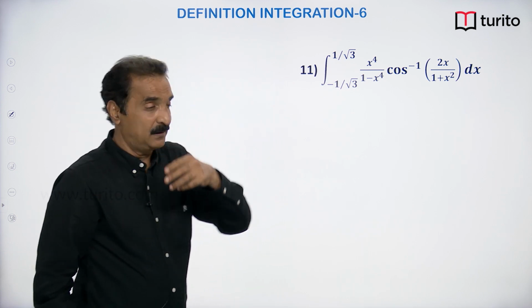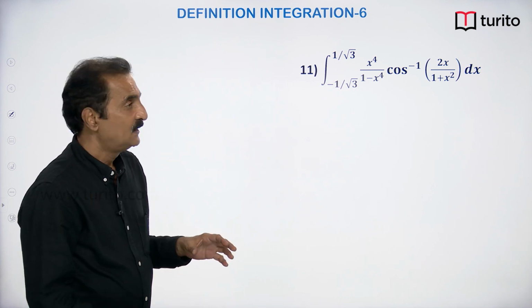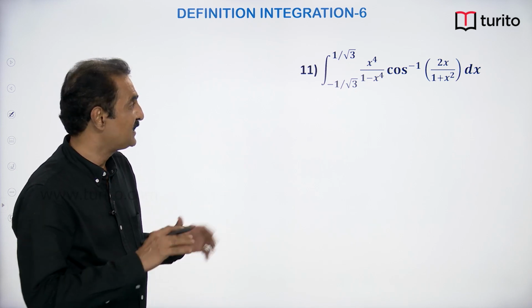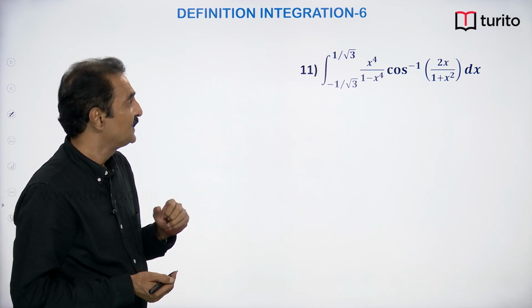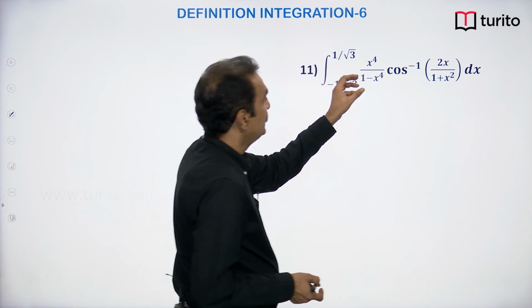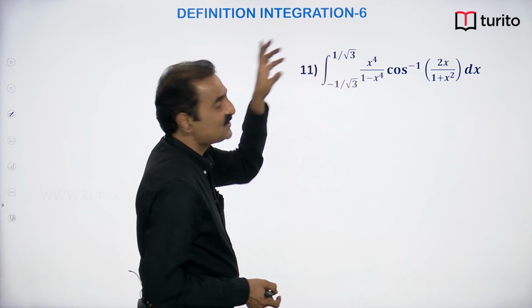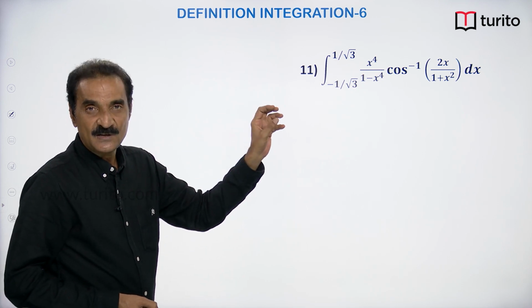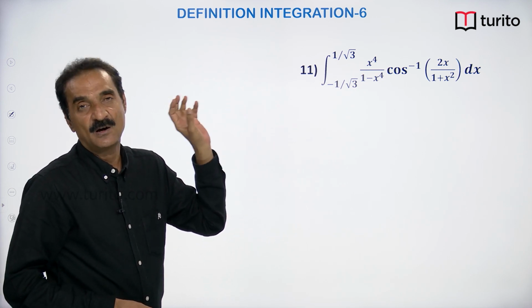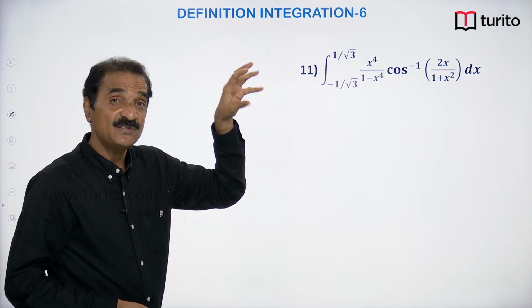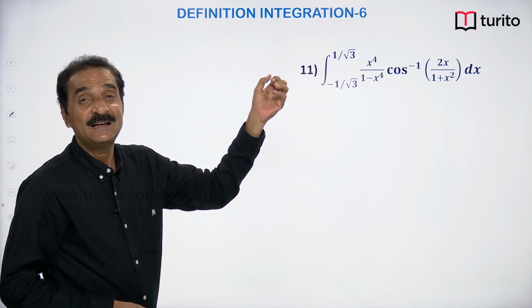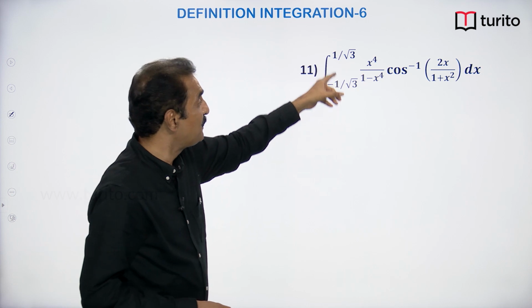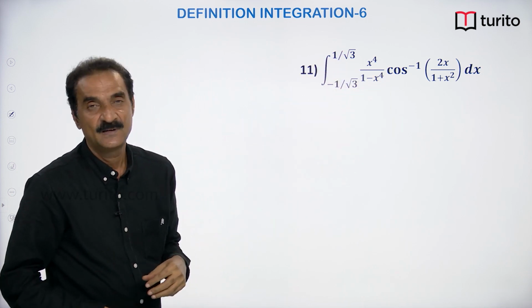Here I will give the idea, because only 2 minutes left, so I may not be able to complete the calculation. First, whenever the limits are minus a and plus a, I have told one important point. You should first check whether the function is even or odd. If the function is neither even nor odd, then you have to apply the a plus b minus x property.